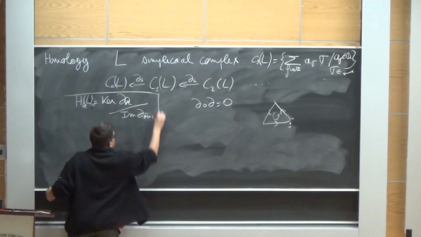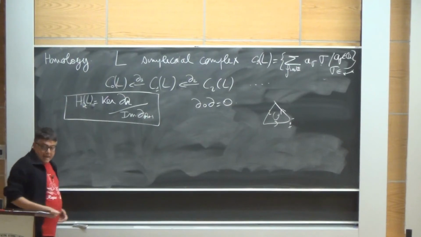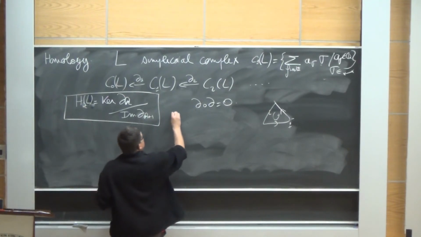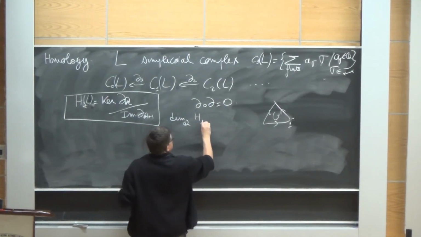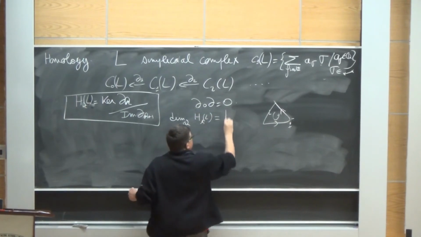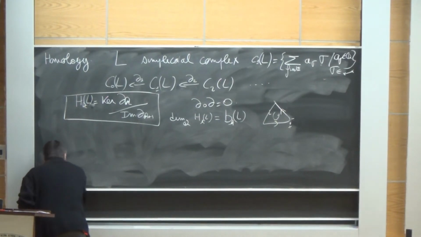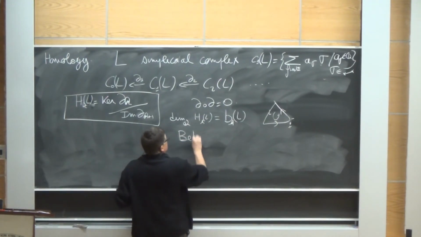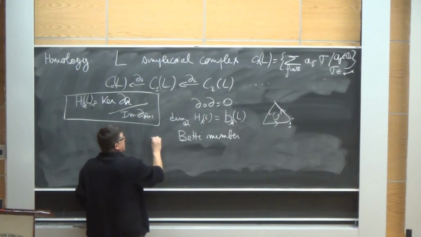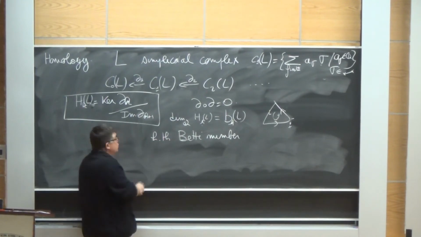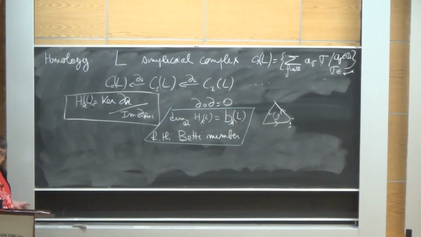And so this is the homology of the complex L. Its dimension is denoted by bk of L, and it is a so-called Betti number. So in dimension k, it's the kth, the usual Betti number. Okay?